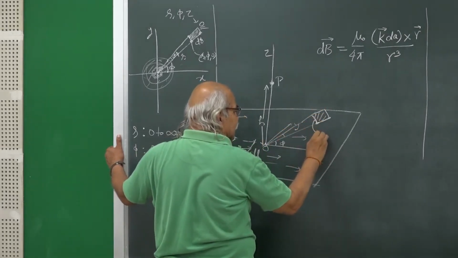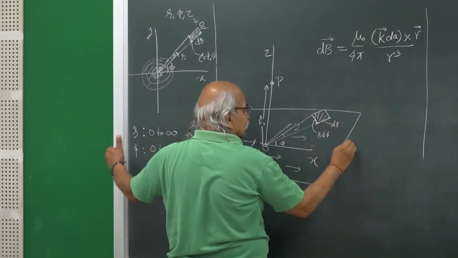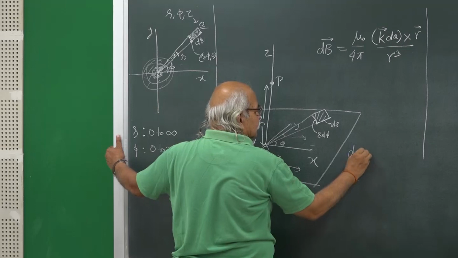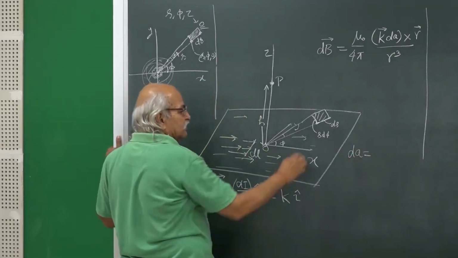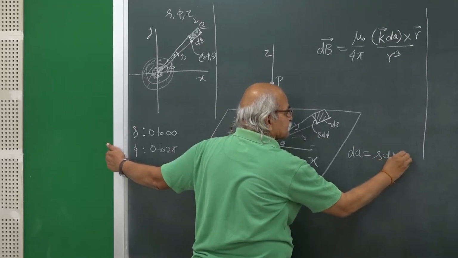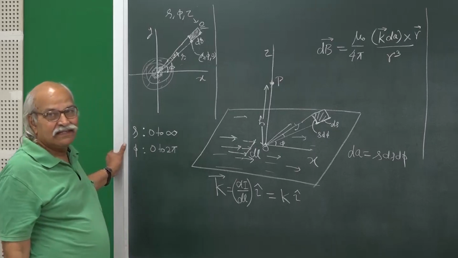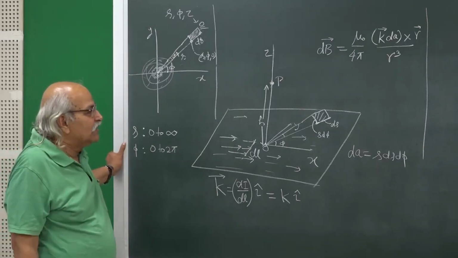So, this length is s d phi, this length is ds, and therefore, the magnitude of the area will be s ds d phi. That is what we need. We do not need any direction on this area, no area vector.